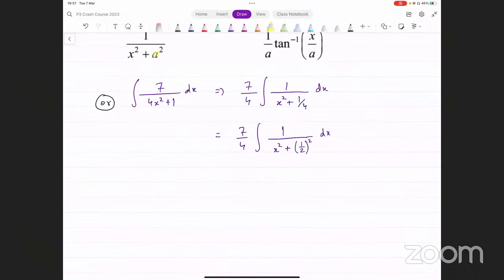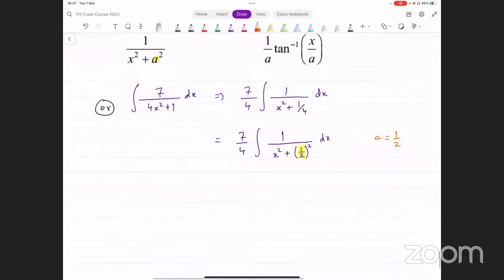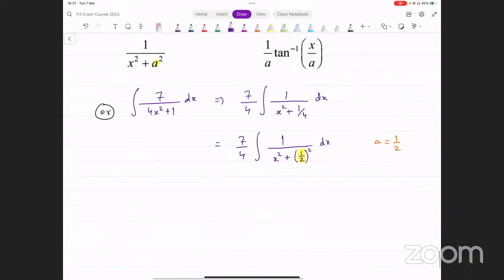In place of a, what do you have? You've got 1 over 2. So a equals 1 over 2. You can just input a equal to 1 over 2 in this form on the right side. So the integral of this therefore becomes 7 over 4 into 1 over a, that's 1 over 1 over 2, into tan inverse of x over 1 over 2.